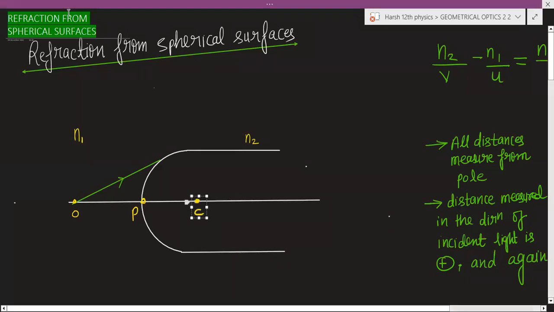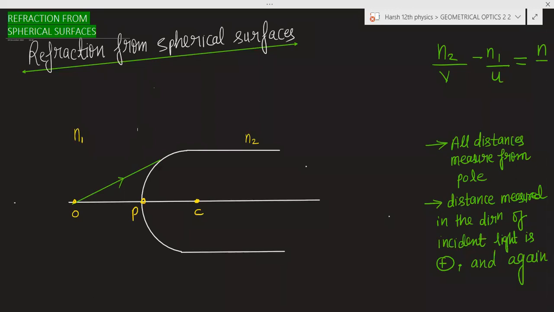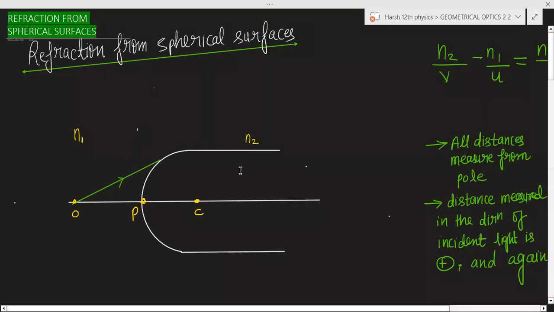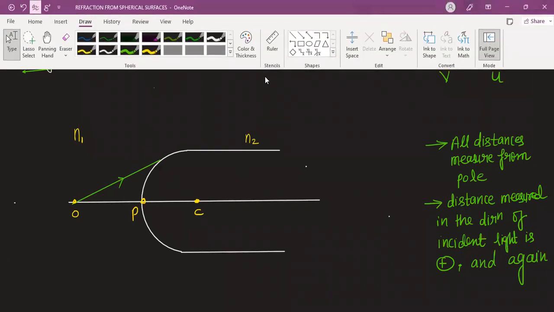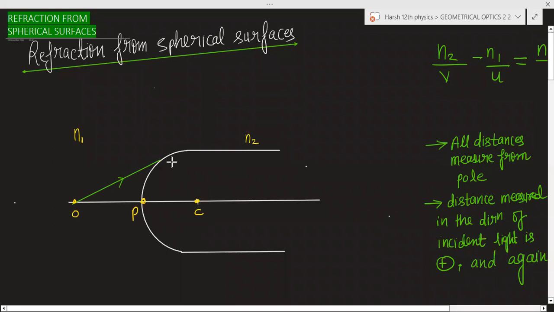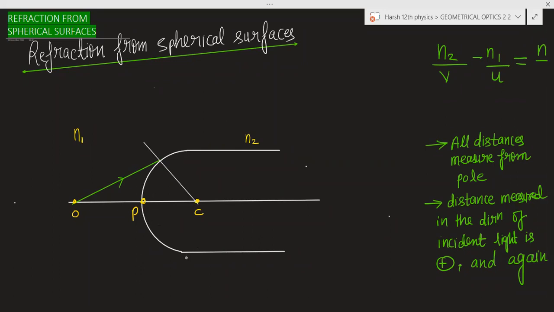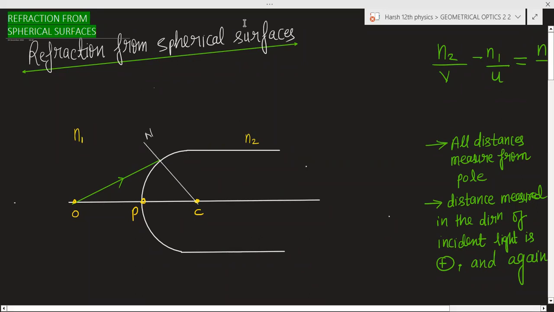Normal will be like this. This is the normal. I told you, in spherical surfaces, the normal passes through the center of curvature. So this is the center of curvature of this spherical surface. This is the normal.